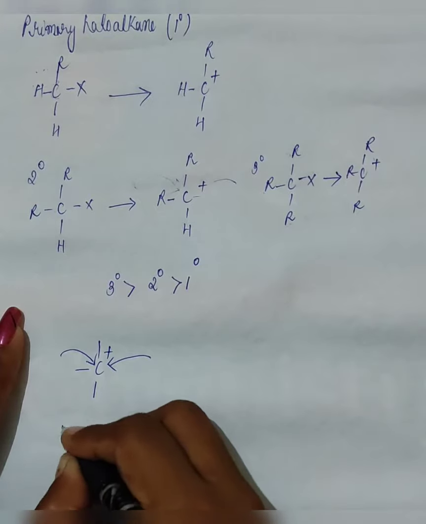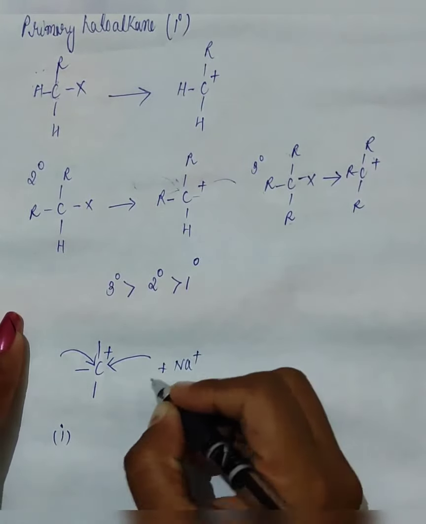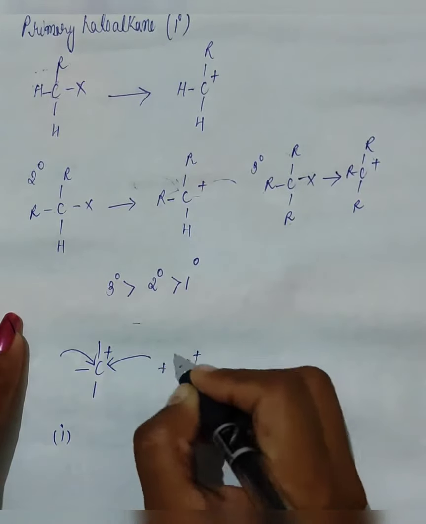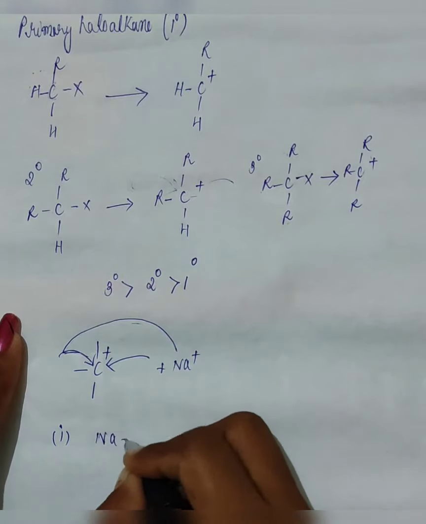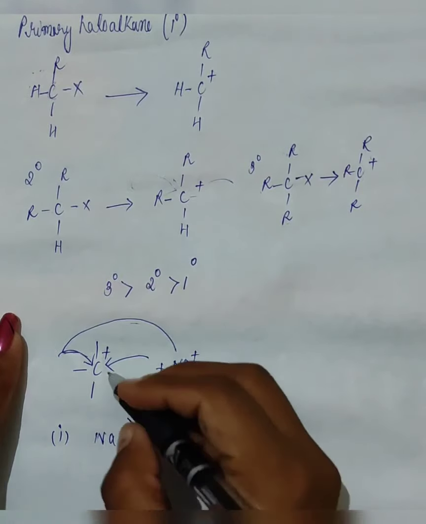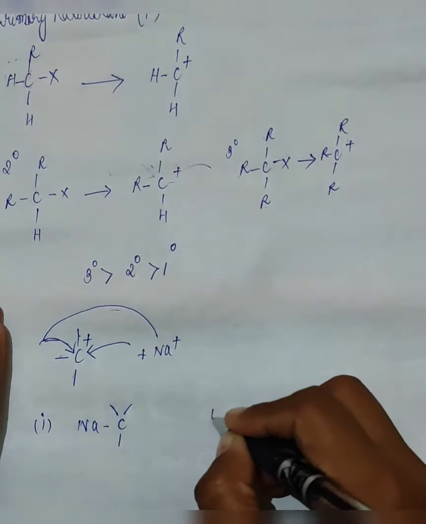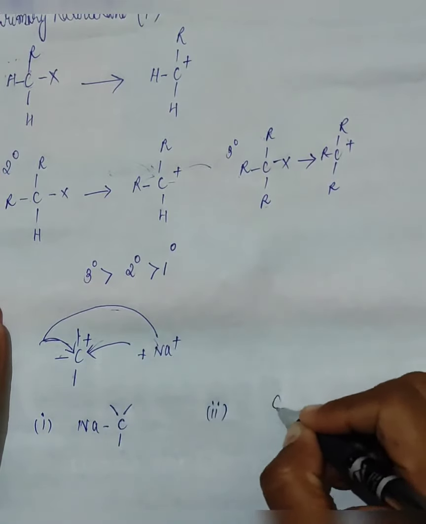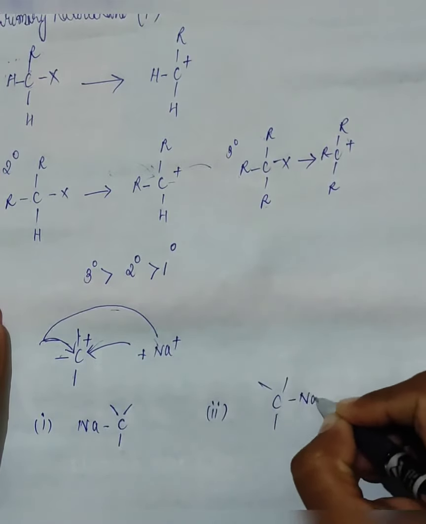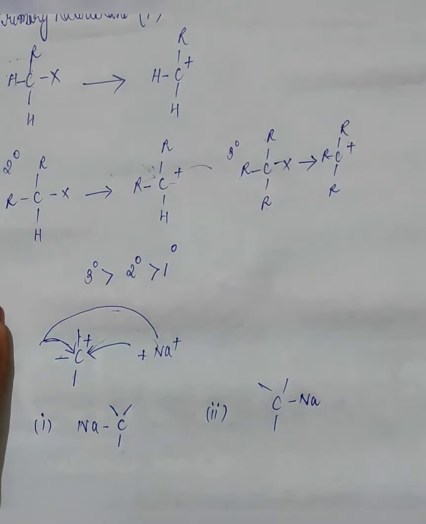If it attacks from the back, we will get Na in this manner. The bond needs to be maintained. And if it attacks from the front, here we get this as a product.